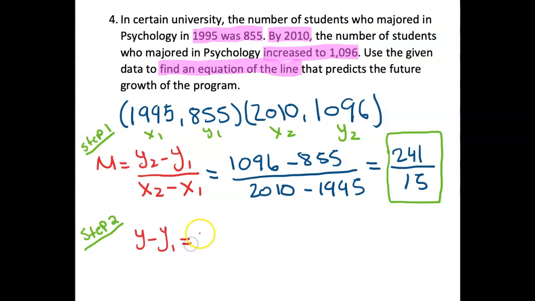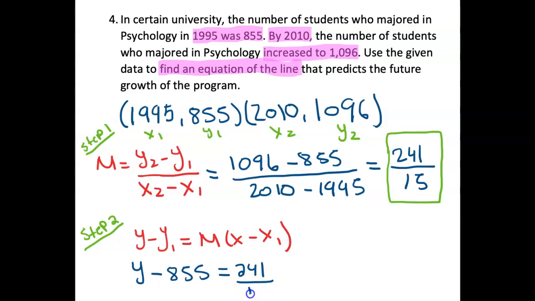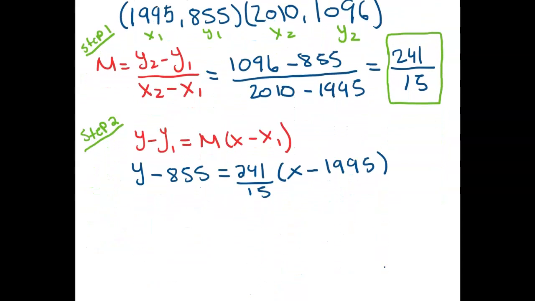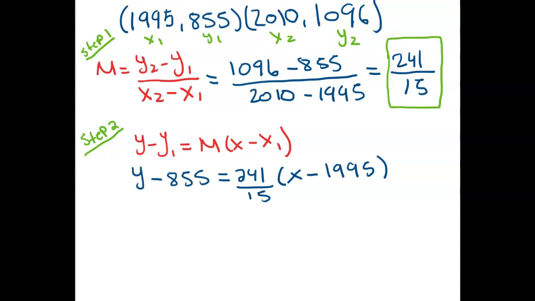Okay. So now I'm going to use the first point with the slope and substitute. So I have y minus 855. My slope is 241 over 15 times x minus 1995. Now I need to distribute.